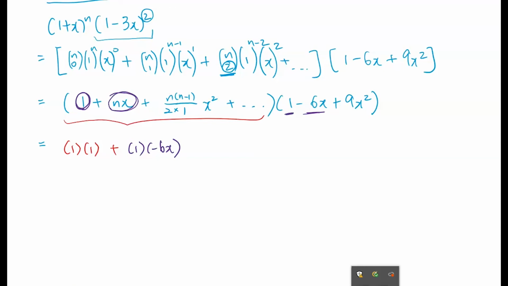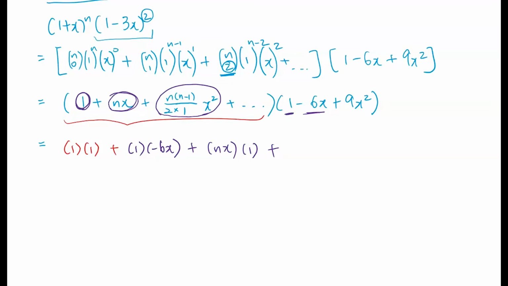So that is plus nx times 1. So plus, and then I look at this one here and I ask myself who do I pair it with in the second bracket to give me an x term, and it's not possible because this is already x squared and the second bracket will just increase the power of x. So that is all for my x term.